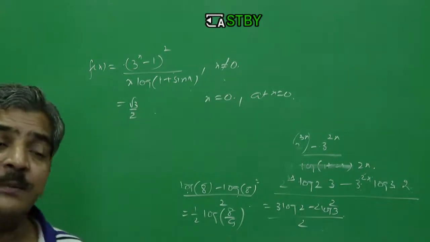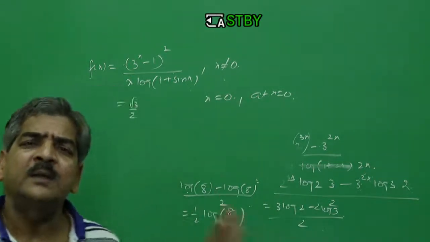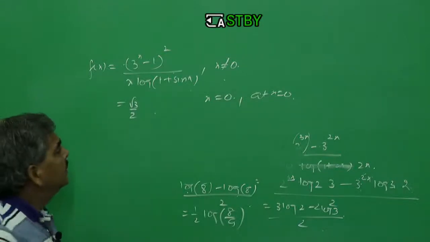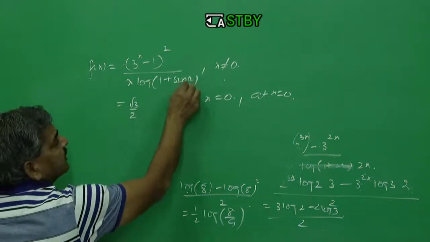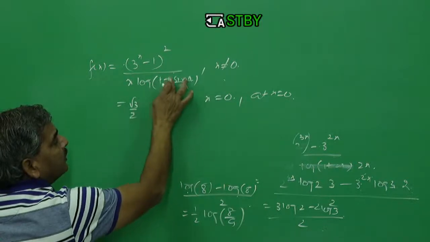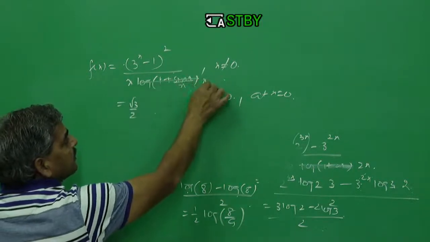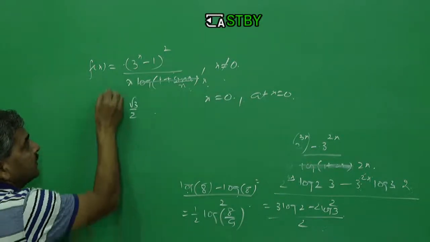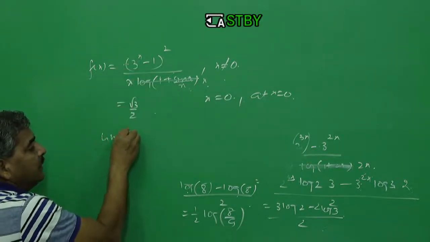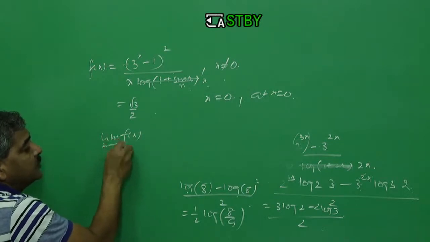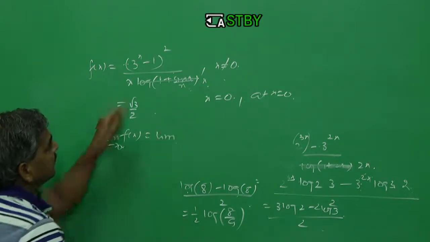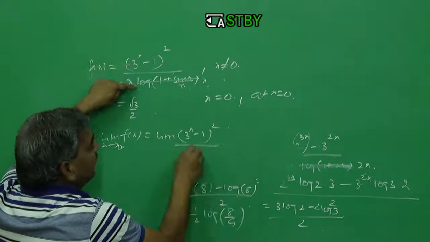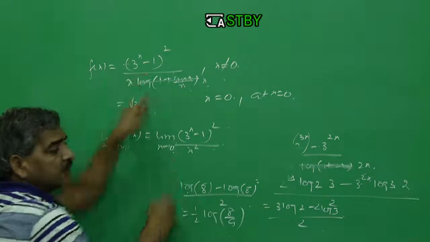अब इसका आंसर मैं बिना कैलकुलेशन करके बताता हूं. देखो कैसे. दिस साइन ऑफ x इज अप्रोक्सीमेट इक्वल टू x, log of 1 plus x is approximate equal to x, so this quantity is what? x square. Okay, so f of x function क्या मिलेगा? Let's calculate limit of the function as x tends to 0, that is equal to limit of (3 raised to x minus 1) whole square upon x square, x tends to 0.